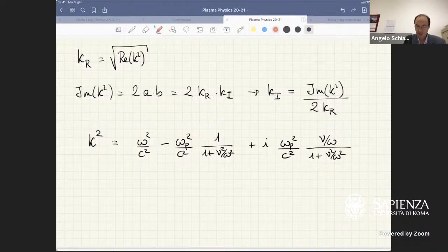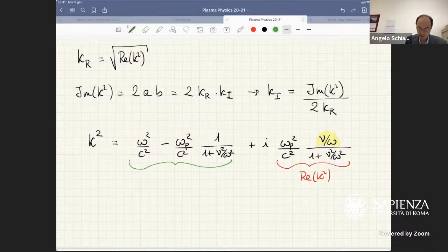So we see that here in front we have this term, and this is the real part of k squared, and this is the, sorry, vice versa.